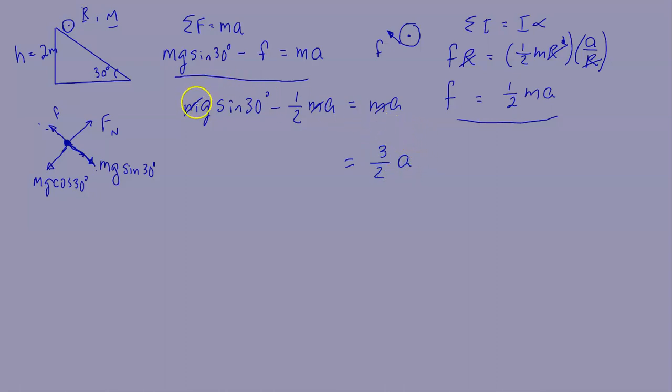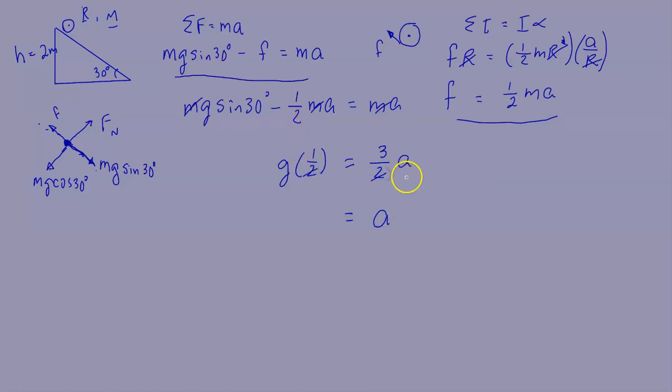Left hand side over here, this is going to be g sine of 30. So basically g sine 30, this can be g times 1/2. Sine 30 is 1/2.